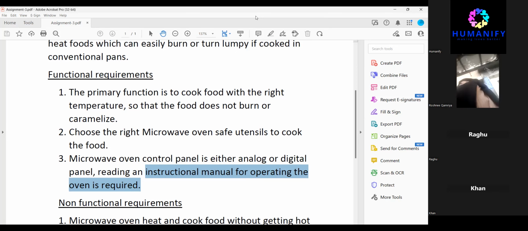Do I get cheap spare parts, or is it very costly? So these are the key things we will be evaluating for non-functional aspects of anything for that matter.